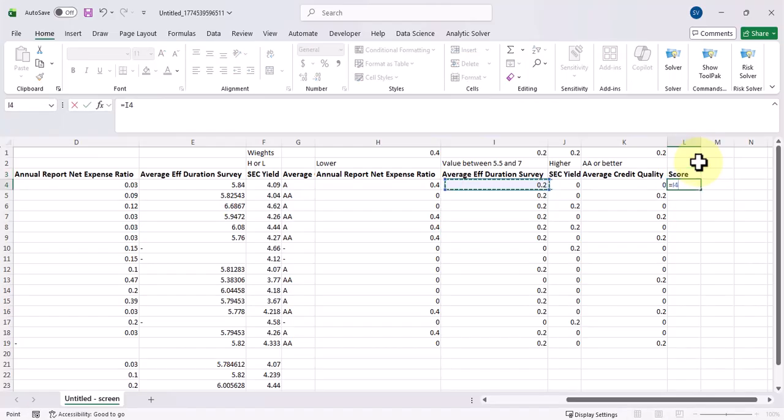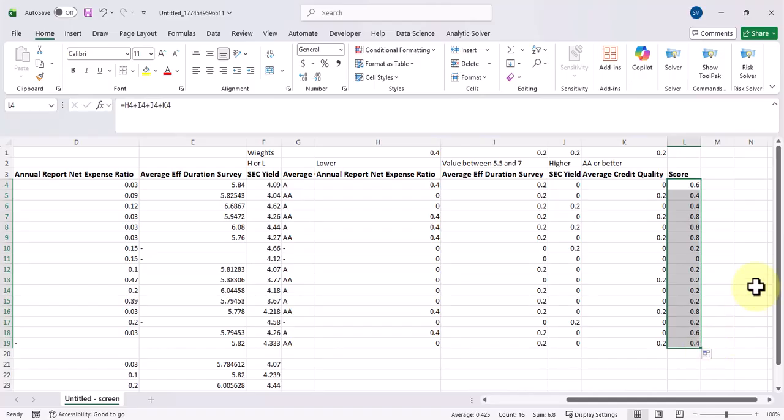And what I'm looking for is the funds that give me the highest values. So I'm looking here, this one, the top value is 0.8. I really wish there was a 1 in there, but there's not. So I have 4 different funds I want to investigate a little bit further.